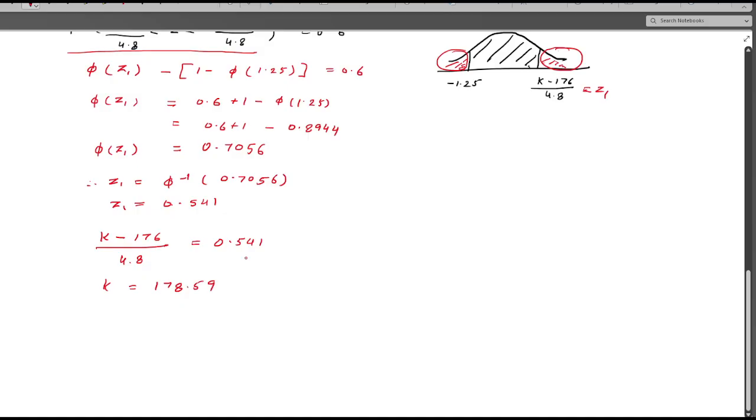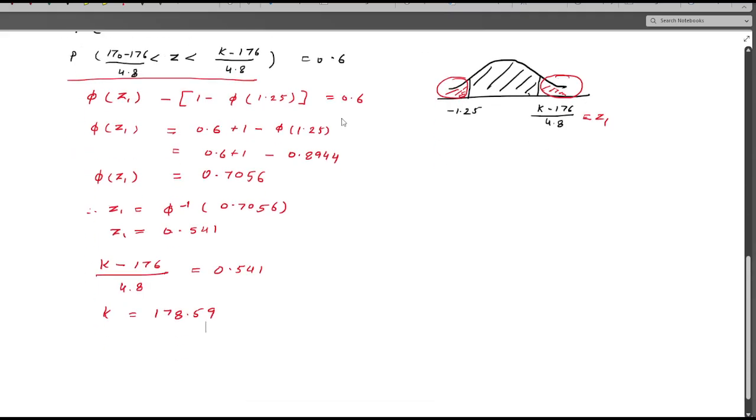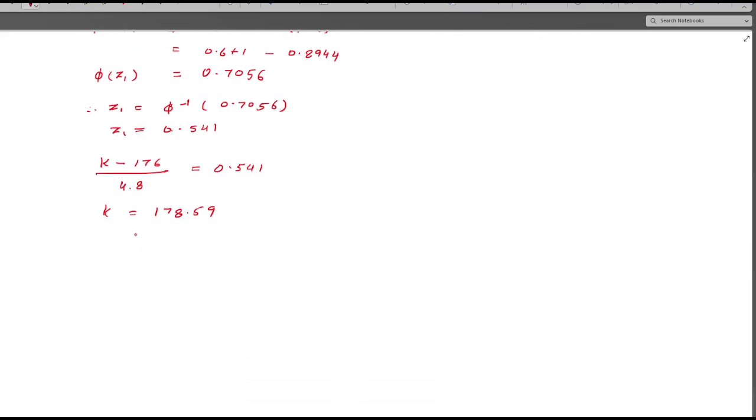Now if you see, the question is to find k correct to one decimal place. So correct to one decimal place, 178.59 becomes 178.6. So 178.6 is your answer.